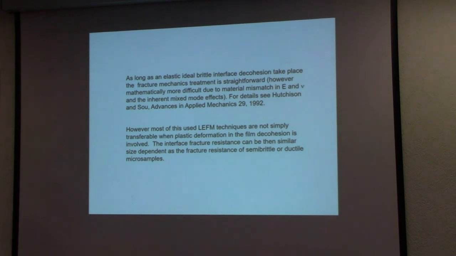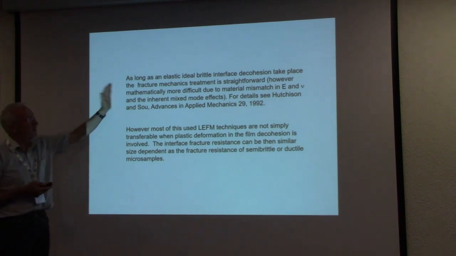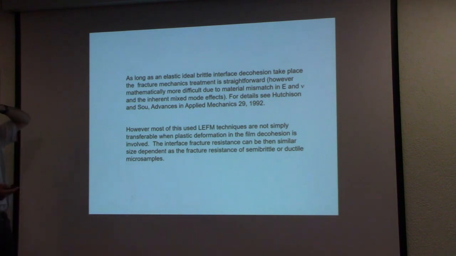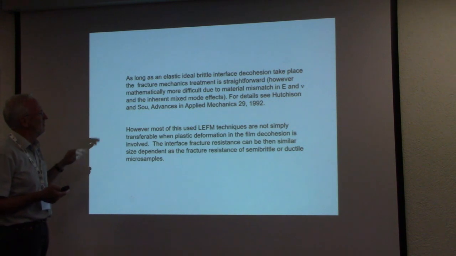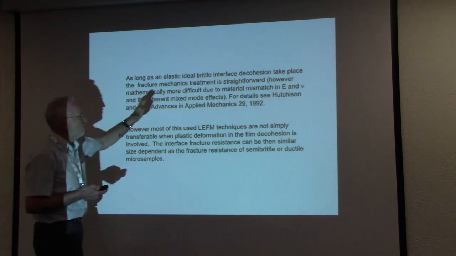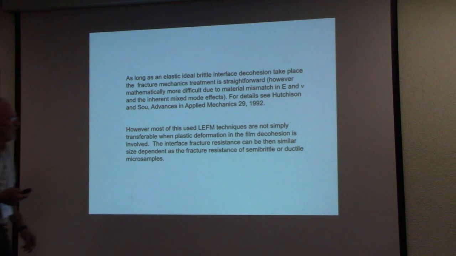As long as we have, as I've already mentioned, elastic ideal brittle interface decohesion, this interface problem can be relatively easily treated, and also all the other fracture phenomena are relatively simple.